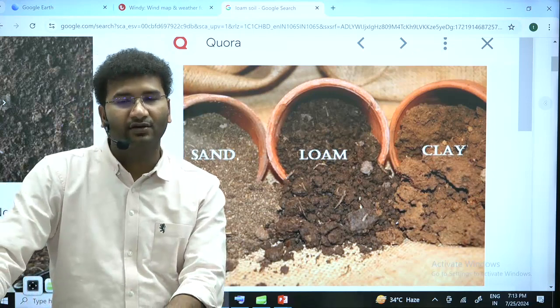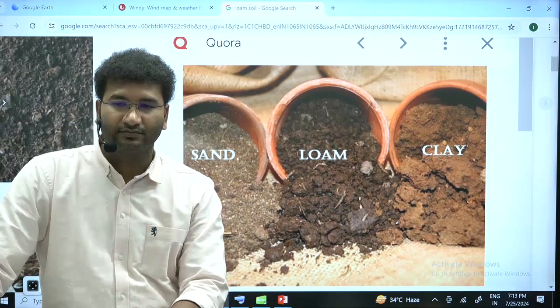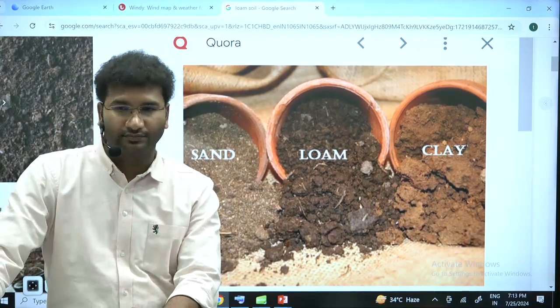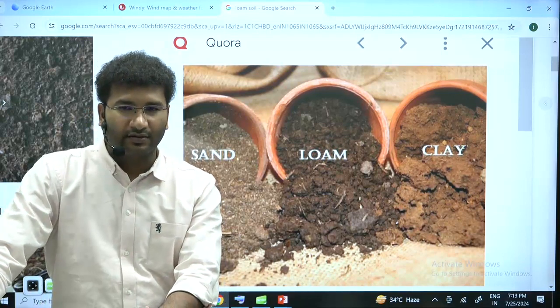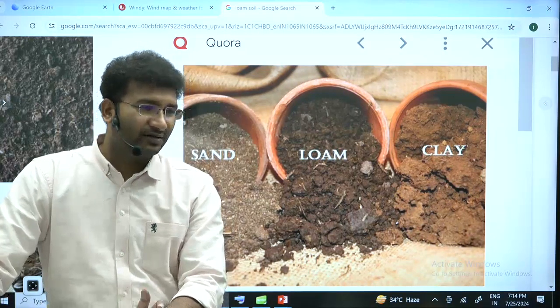East coast of Tamil Nadu will have heavy rainfall. Okay, so this is peaty soil. Peaty means where the water is high.